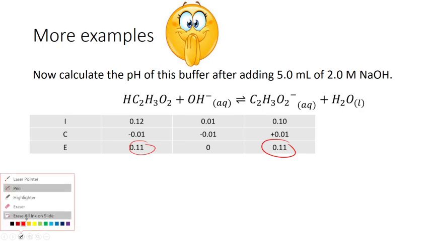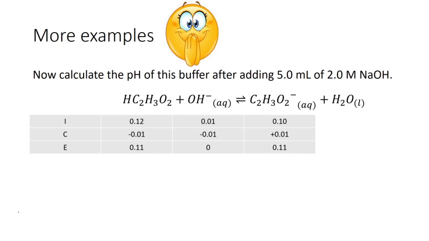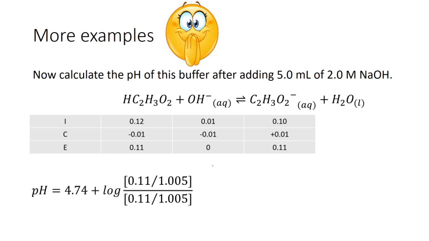So now that we have our equilibrium moles, we're going to put those in our Hasselbalch equation, and you'll notice that we have moles divided by liters here. And this is really important. I'm going to draw like 3 arrows to it, maybe even a 4th arrow, or actually that's 5 arrows to this, because it's really important that you remember when you are looking at the equilibrium of this system, you have added volume to your system.